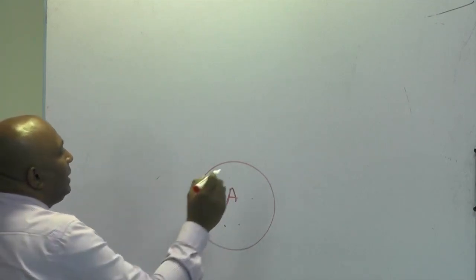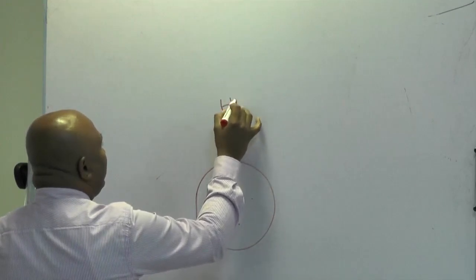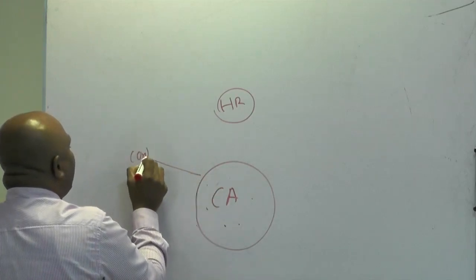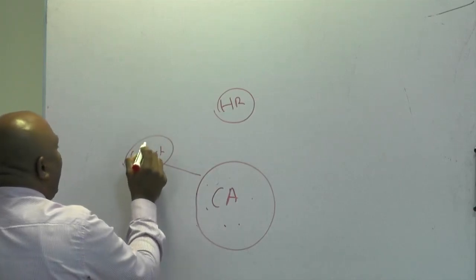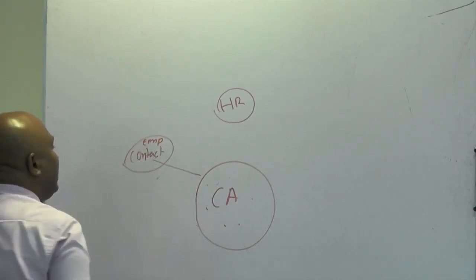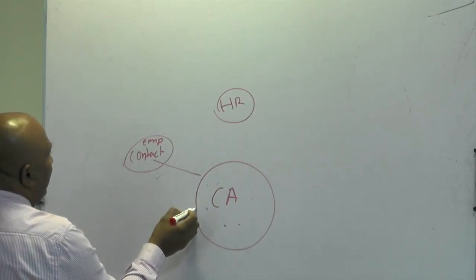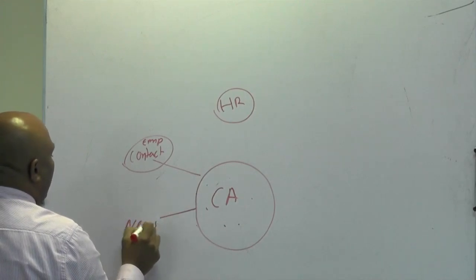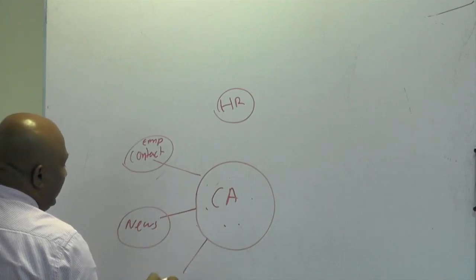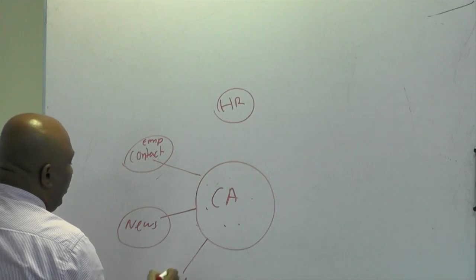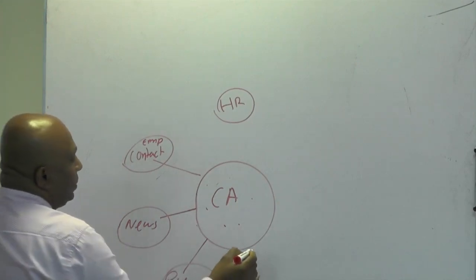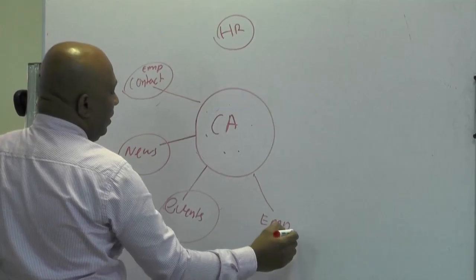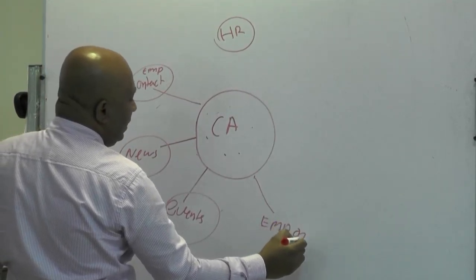They want to share some information, so they have an HR system, and also they want contact information, that is employee contacts, and they may need some news about the organization, new events happening in the organization, and also employee attendance.